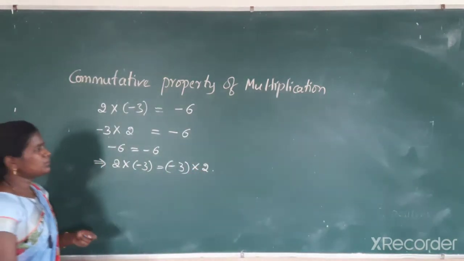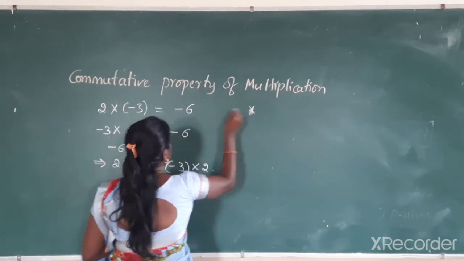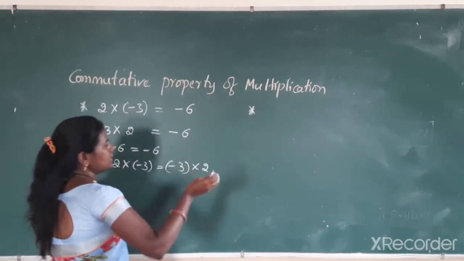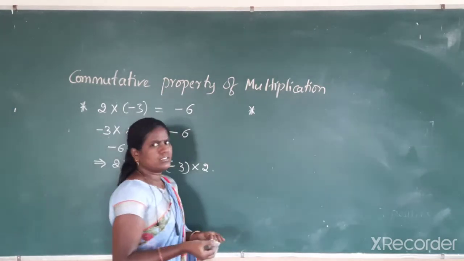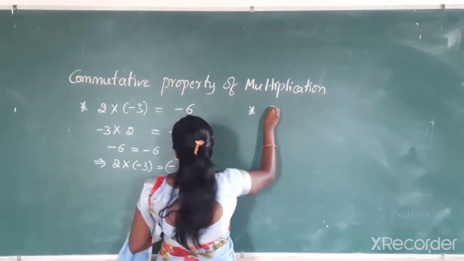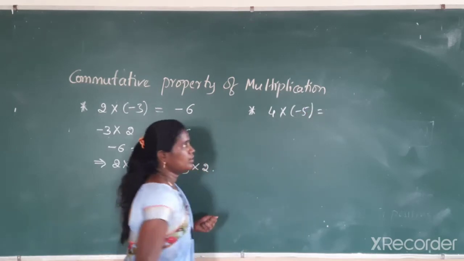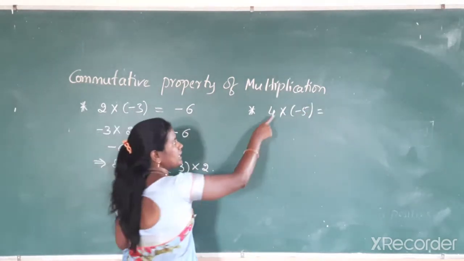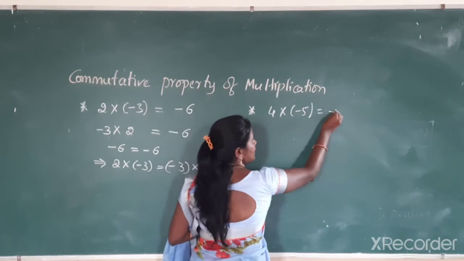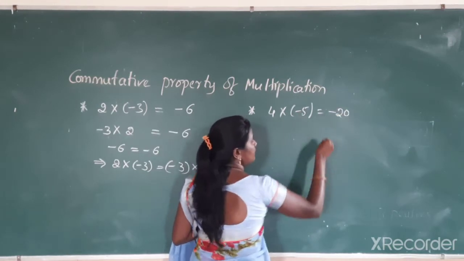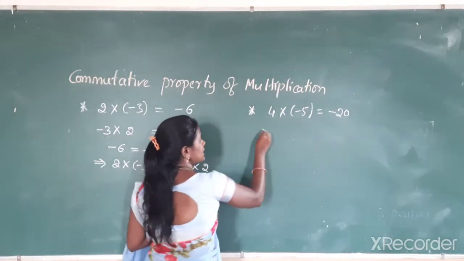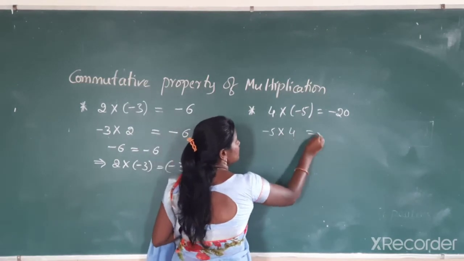We'll take one more example. This is the first one, and the second example: if you take 4 into minus 5, plus into minus is minus, 4 5s are 20. Now change their order. It is minus 5 into 4.